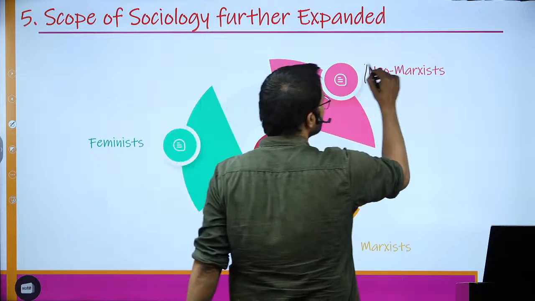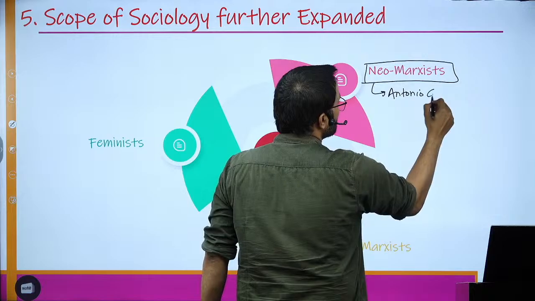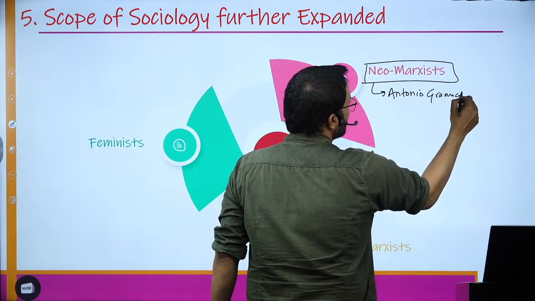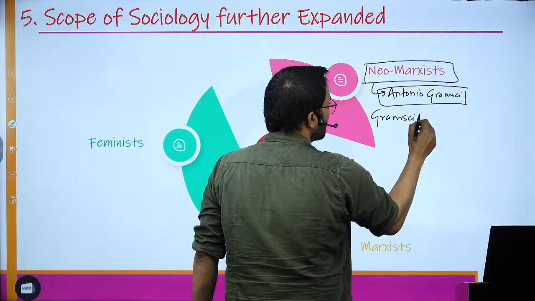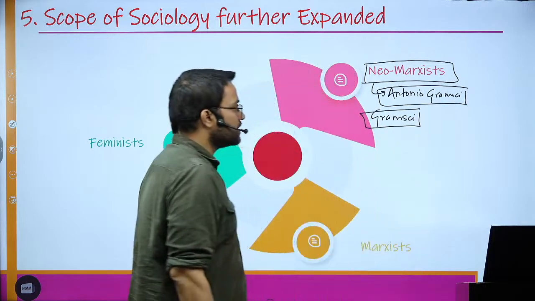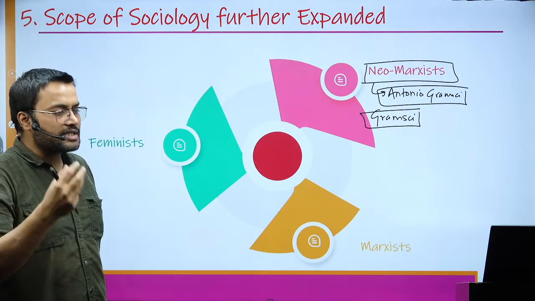Neo-Marxist, just like Antonio Gramsci. He was a neo-Marxist in the sense that he made certain changes in the Marxist ideology.